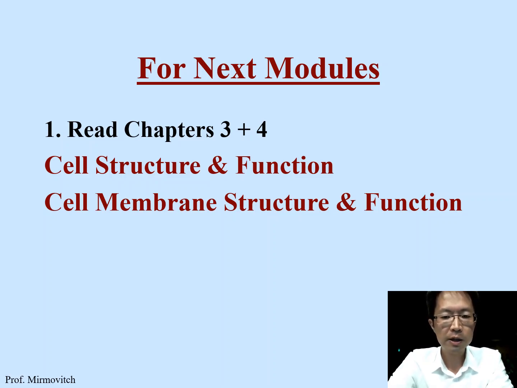Next module, that means for exam 2, we will cover chapter 3 and 4, which will talk about cells. I talk about a term called cell organelles, so we'll talk about the cell structure and function, and we will also talk about the cell membrane structure and function. If you remember our previous lecture, we talked about cell membrane is made up of what?